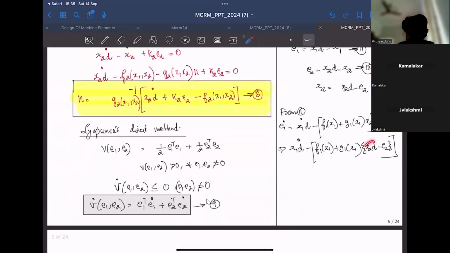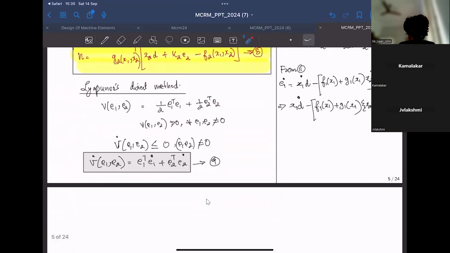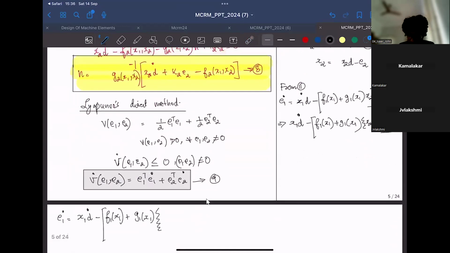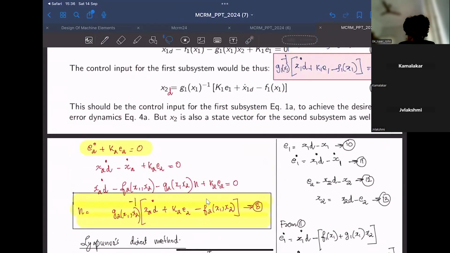So instead of this x2 desired, I'll carry it forward to the next page. E1 dot would be x1 desired dot minus f1 of x1 plus g1 of x1. So I'll open this curly bracket and I'll substitute this term in place of x2 desired.